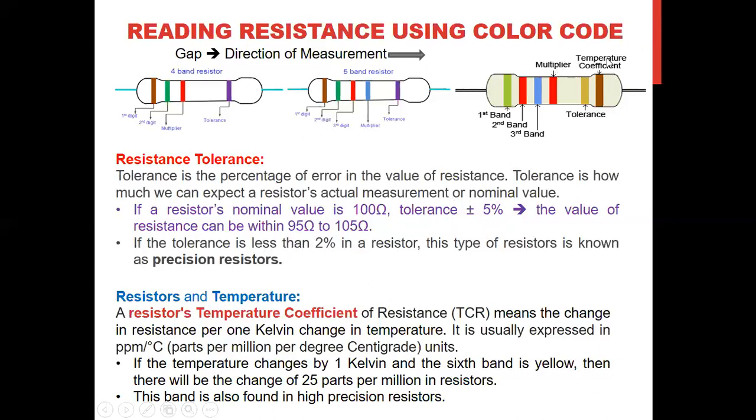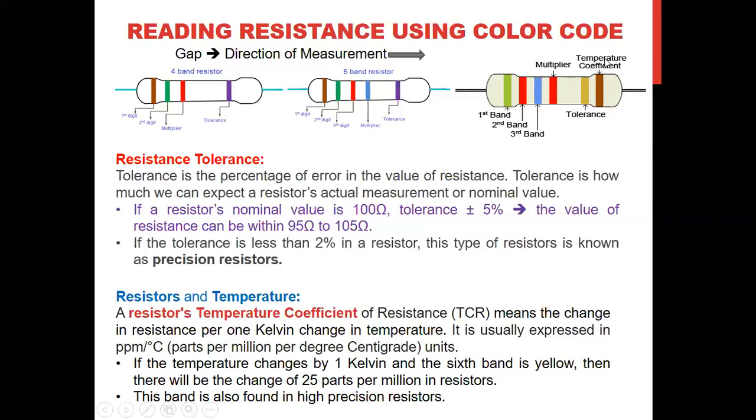And now another one, the temperature coefficient. The resistance of a resistor varies depending on temperature. If the temperature increases, the resistivity value also rises. From here, we get the temperature coefficient, meaning how much the resistivity value varies depending on the temperature.